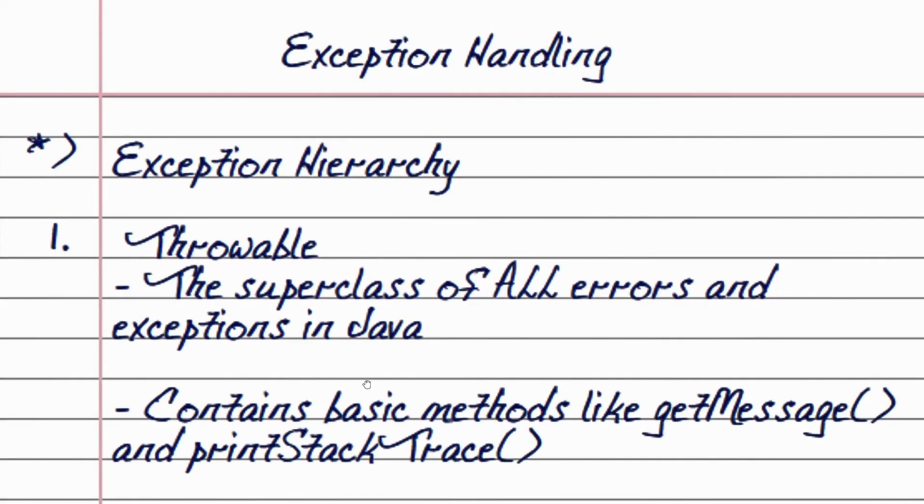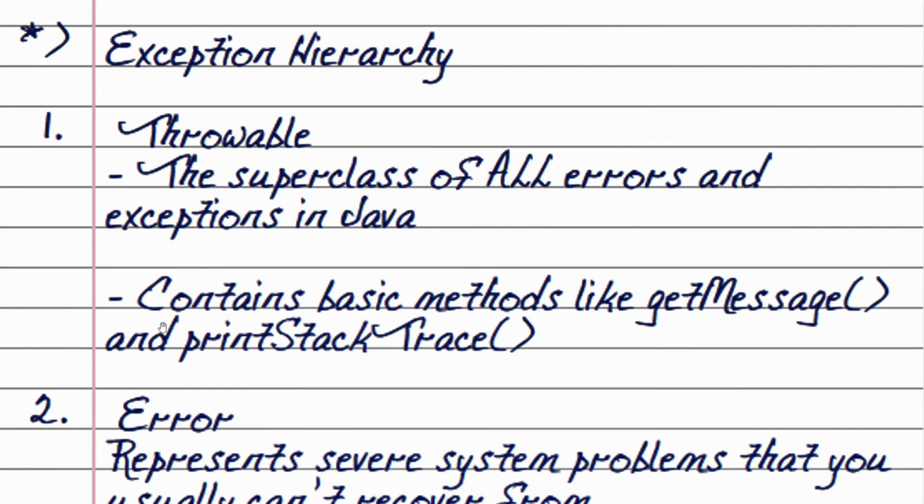Now let's see the theory about it. First is Throwable. As you have seen in the diagram, it is a superclass of all errors and exceptions in Java. So basically it is a parent class. Throwable contains basic methods like getMessage and printStackTrace.